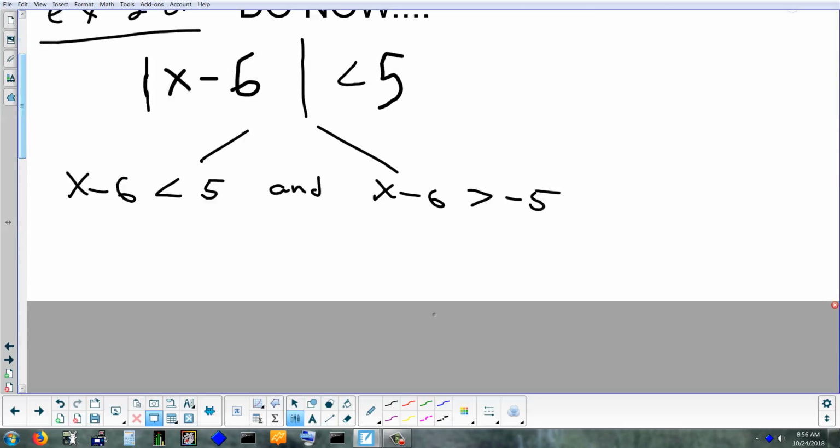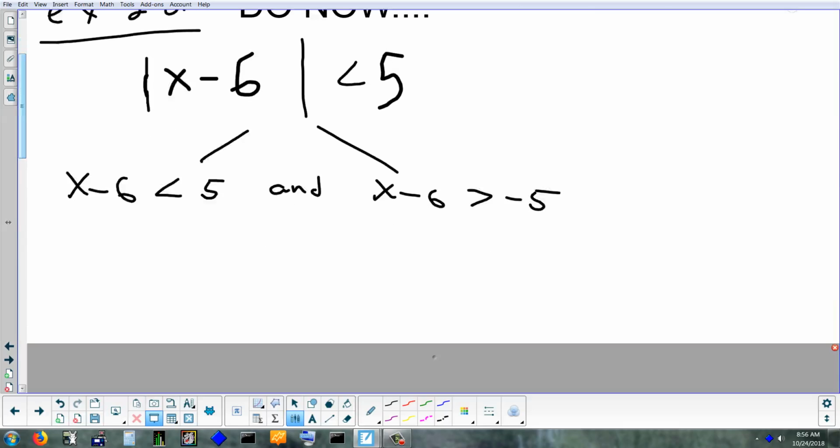Now what are we going to do on both of these to solve them? They're both one step, same step on both parts. Do you see what we have to do, Jacob? You want to get x by itself. Yes, add 6 on each side. Perfect. We're going to add 6 on both sides. I'm going to do it over here too.